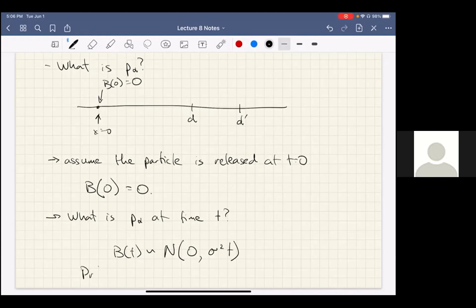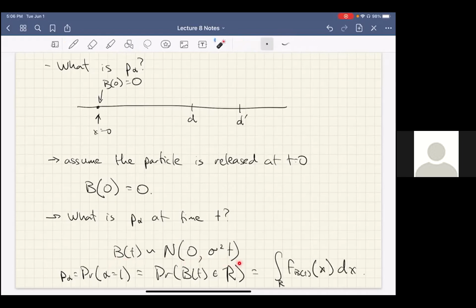So the probability P alpha, which is the probability that alpha is 1, which is also the probability that B of t is in the region, is equal to the integral over the region of the probability density function of B of t. I'm going to give that the variable name x. Since that is simply given by the Gaussian, it's easy to write down.